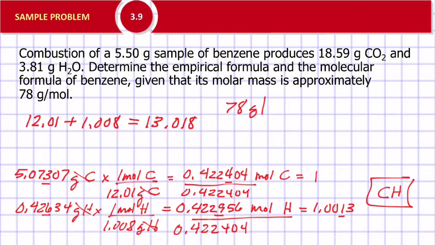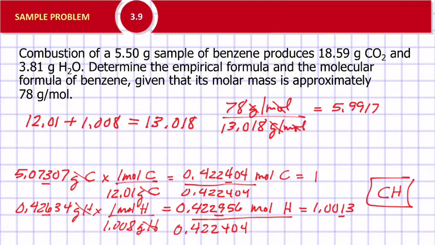78 grams per mole divided by 13.018 grams per mole. The units cancel out. 78 divided by 13.018 equals 5.9917. This always has to end up being a whole number.